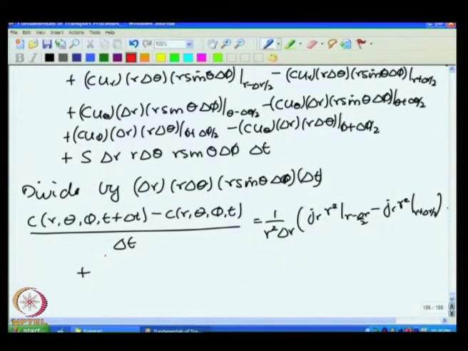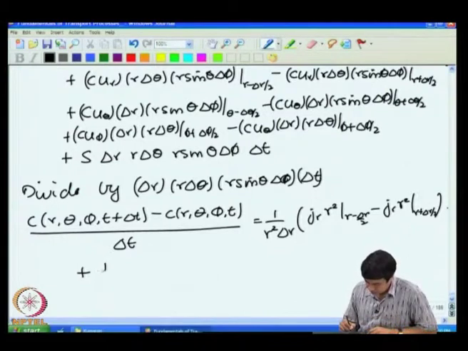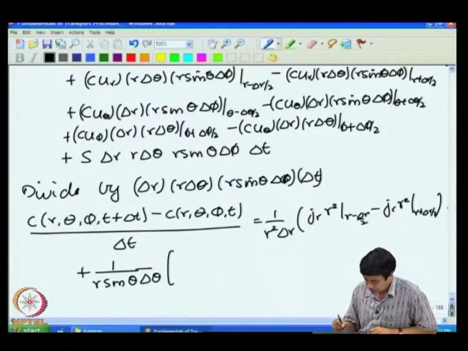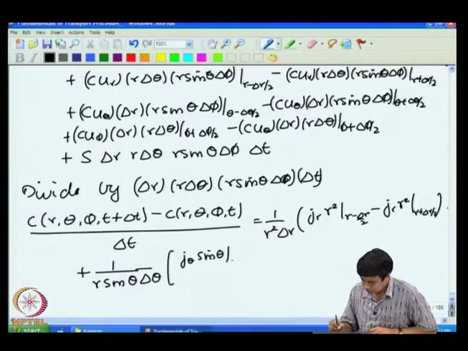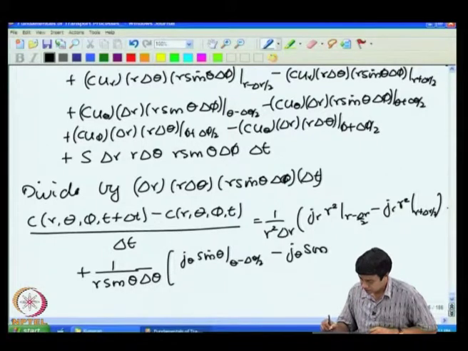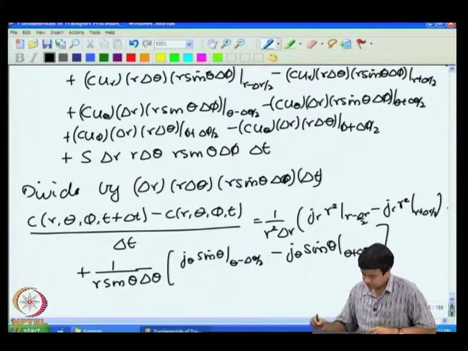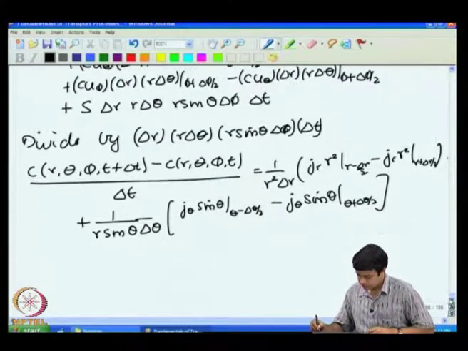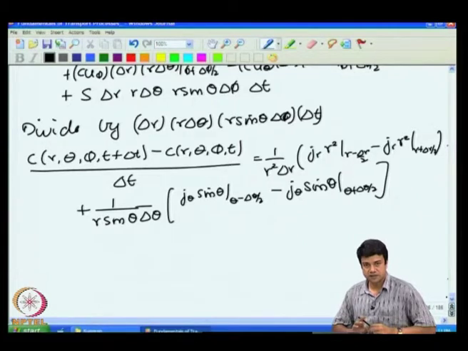So, that will give me 1 by r sin theta delta theta into J_theta times sin theta at theta minus delta theta by 2 minus J_theta times sin theta at theta plus delta theta by 2. So, that was for the variation in the theta direction, because the surface area is changing.